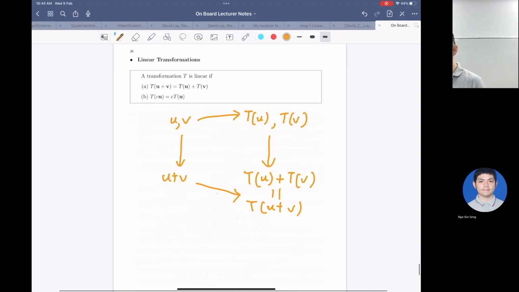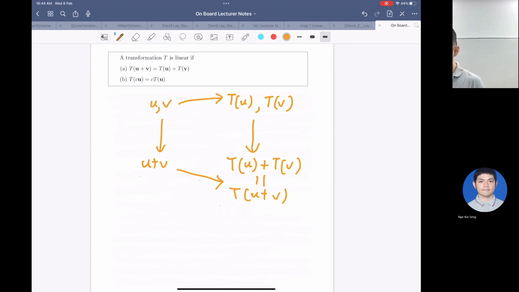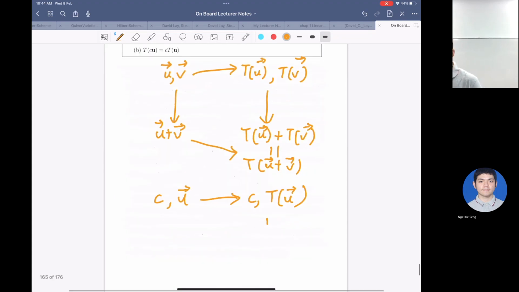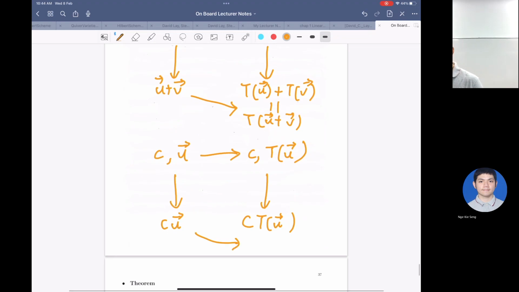The second condition is also the same. You have a number. Let me use a different notation to differentiate scalars and vectors. You can first send u across, and then multiply by the scalar, or you can scale your vector first, and then send across.